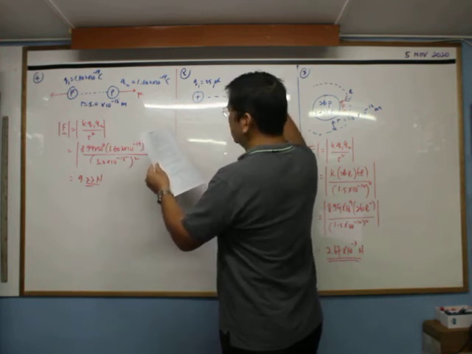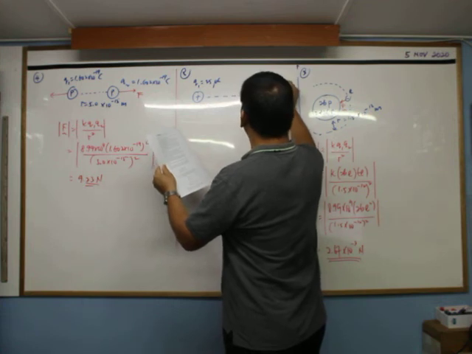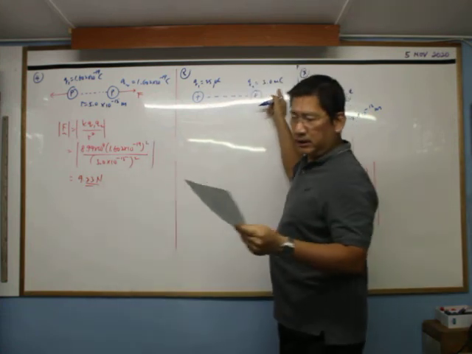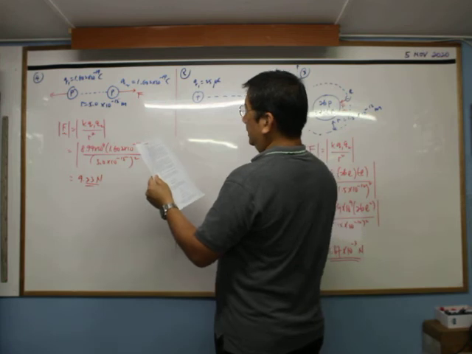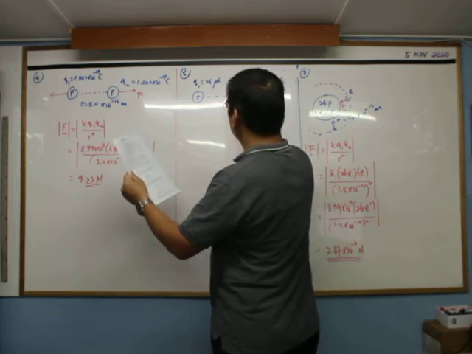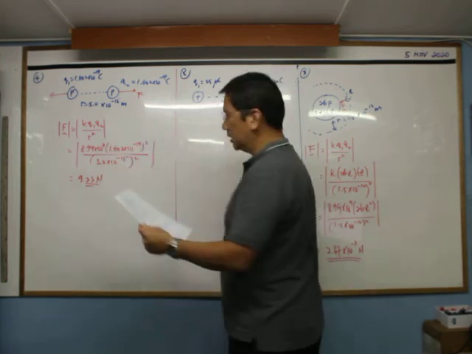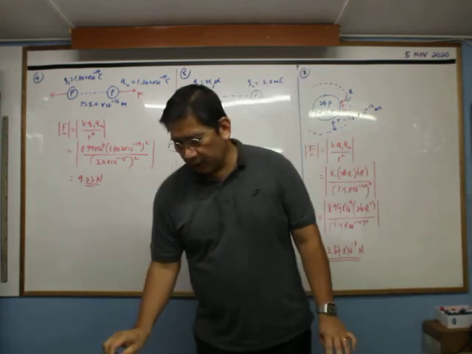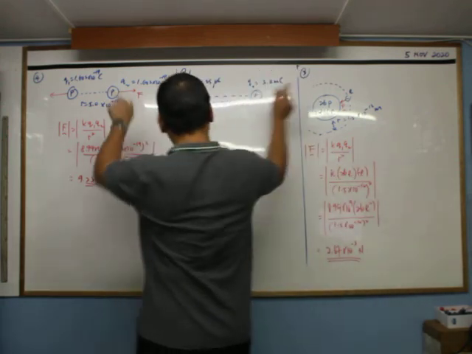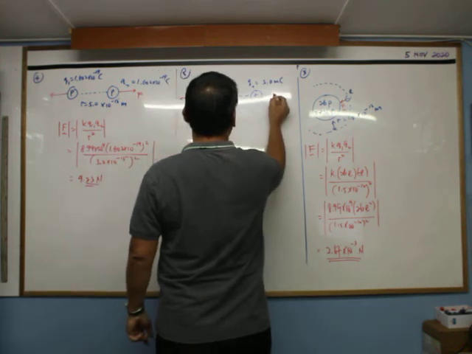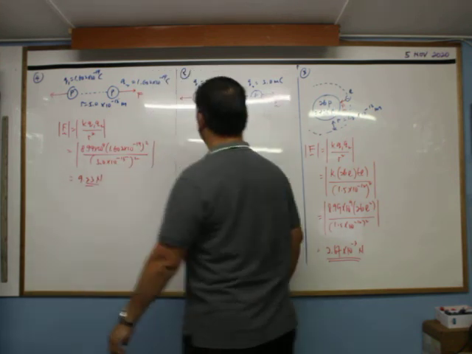I call this Q2, and it is 3.0 millicoulomb, at the distance of 35 centimeter. So we know both are positive, so they'll be repelling each other. Okay, so there's a force F.